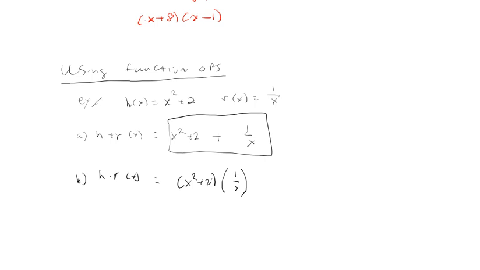For addition, you can leave it alone. But for multiplication, can I do something here? Multiplication is much more friendly. I can multiply these together. If I make this a fraction over 1, the top parts multiply, so I get x squared plus 2 on the top, and on the bottom, I get x.